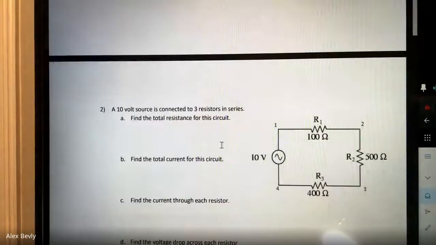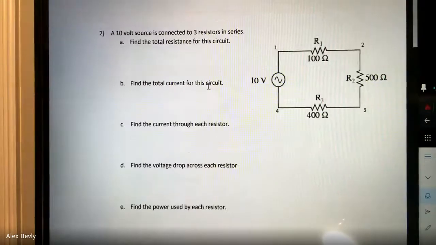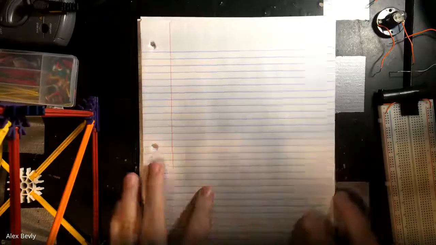So we're going to start off today looking at this second problem right here, this circuit. I have a 10-volt source, and then we're sending current through a 100 ohm, 500 ohm, and 400 ohm resistor. So we're dealing with circuits with multiple resistors. Let's just sketch that out real fast.